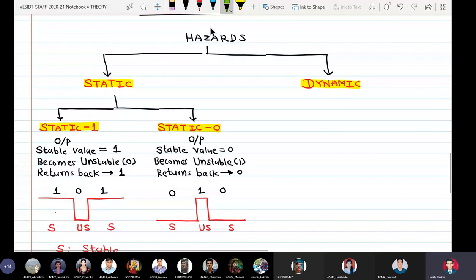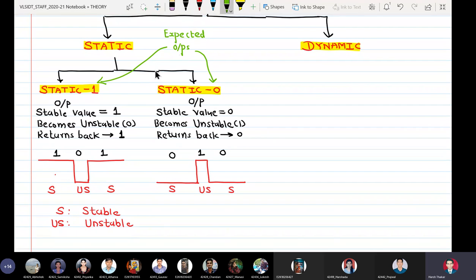And here in case of dynamic, we can basically say that 1 and 0 are the expected outputs. Similarly, in case of dynamic hazard, the output is supposed to change from 1 to 0, only one transition.